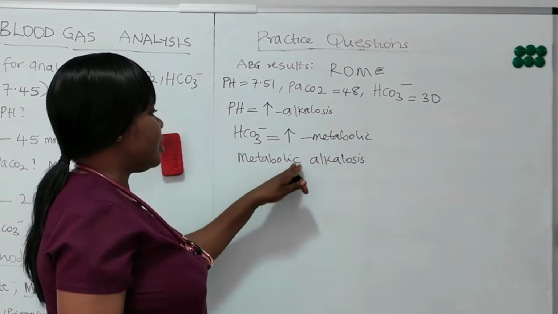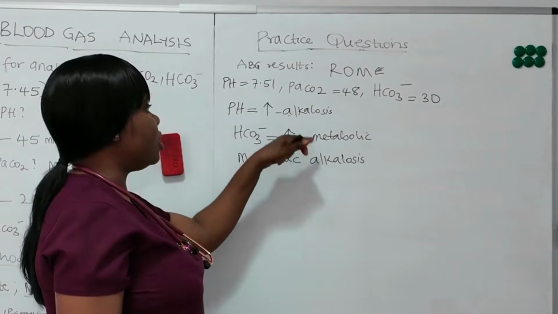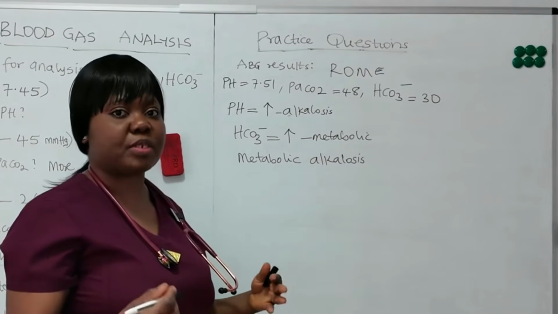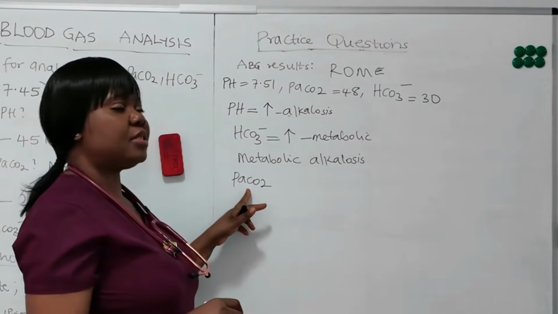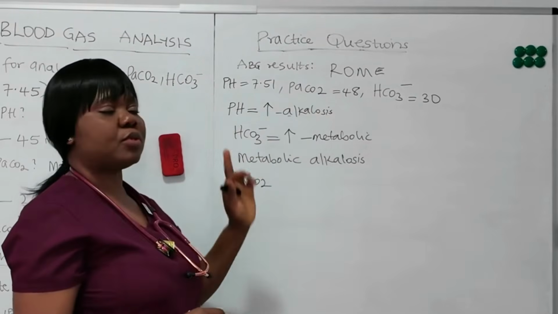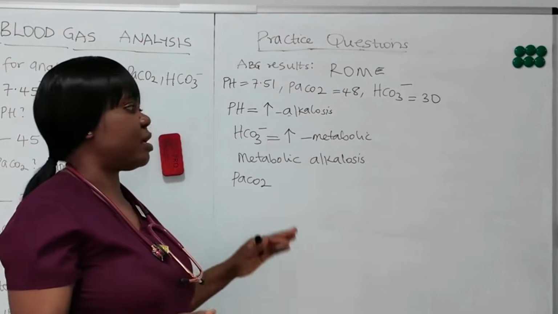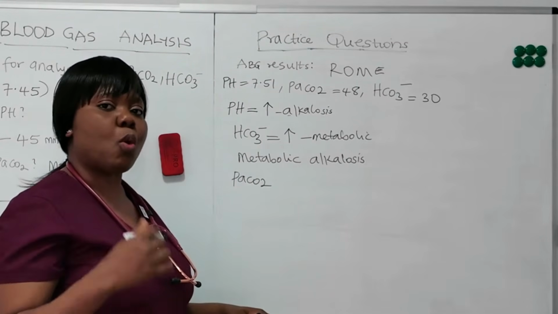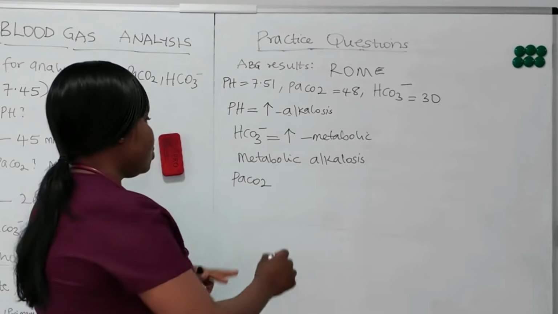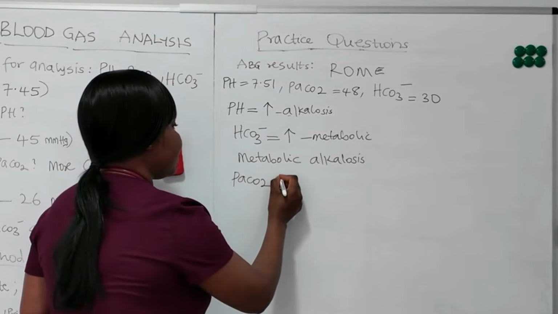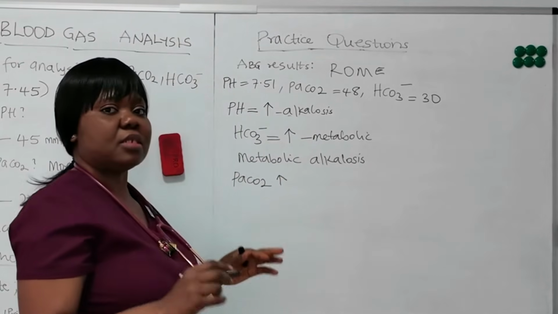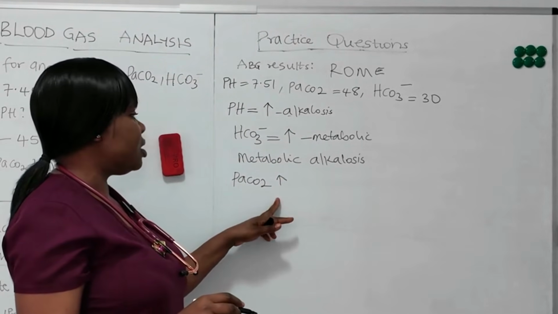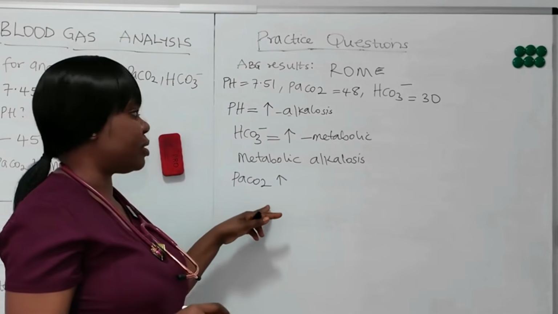So if we know that it's a metabolic alkalosis, a metabolic issue, the lung is what we want to know whether it's compensating or not. Now the PaCO₂, what we see here is 48. The usual range is 35 to 45. So it's going up. And we know that more PaCO₂ or more CO₂, more acid. That means the lung is compensating, is doing something.